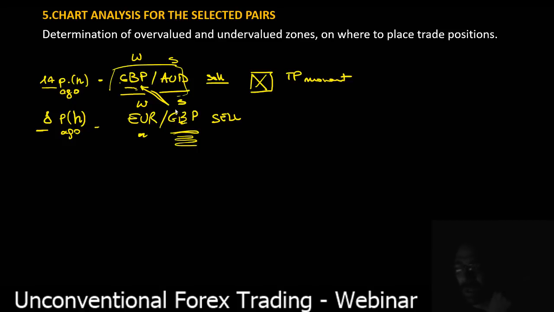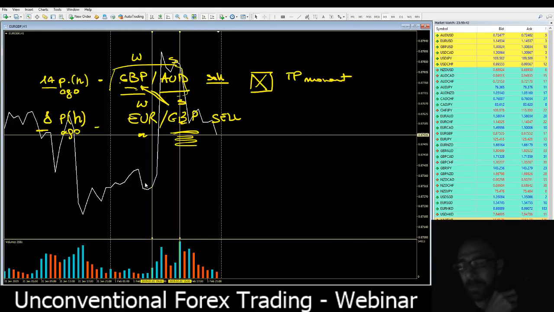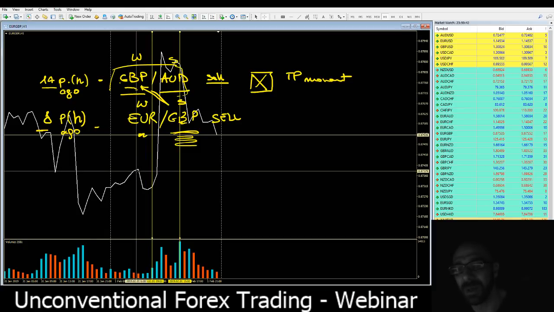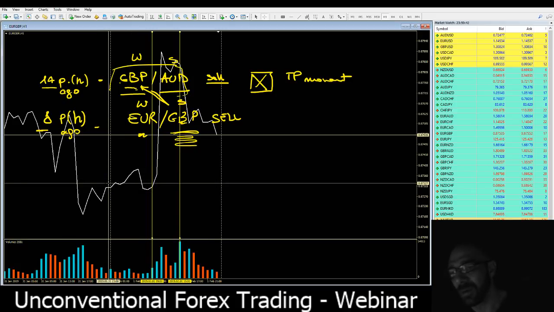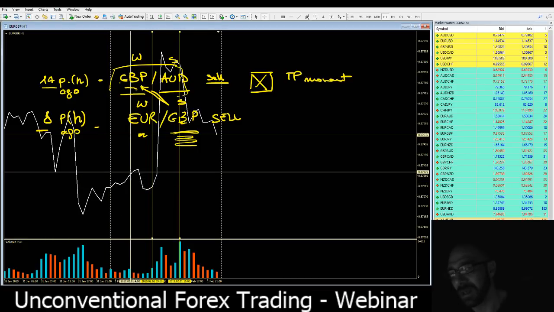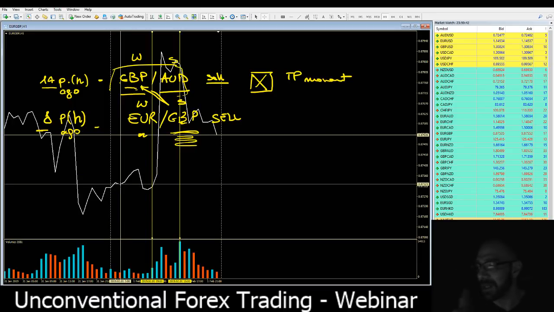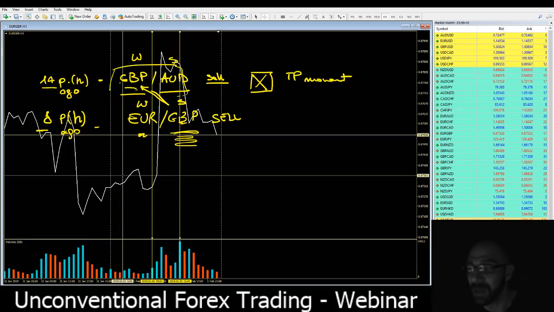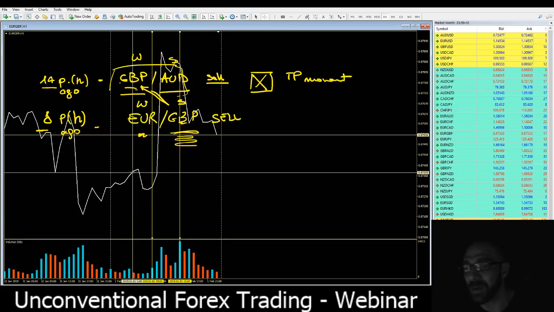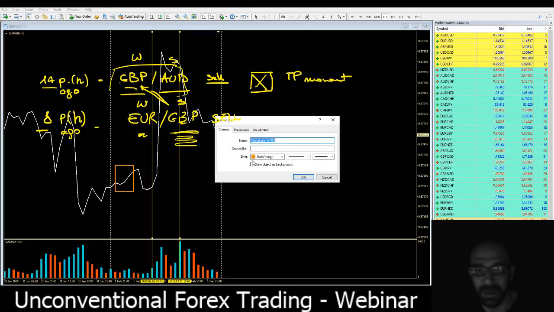What you do, if you take a graph like this and you evaluate, because maybe you are at this moment of the day that Euro GBP, Euro is strong and GBP is weak here, okay, and you wait for that move, and you know that by the analysis of the 7 charts, Euro is really strong in this moment and GBP is really weak in this moment, and you realize this in this time zone.